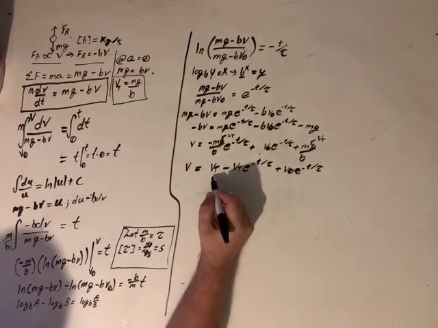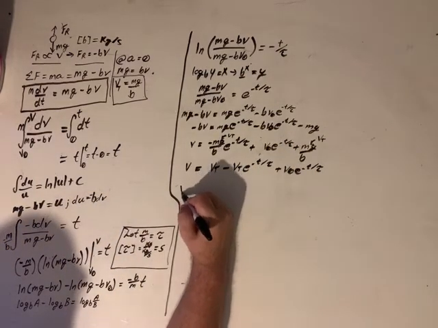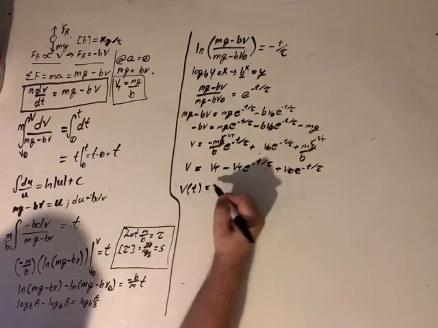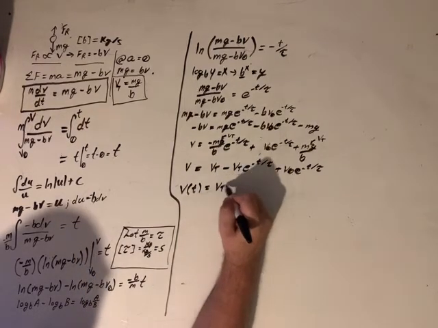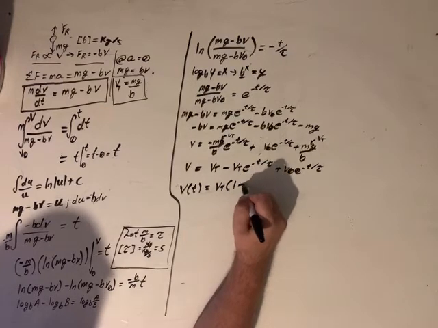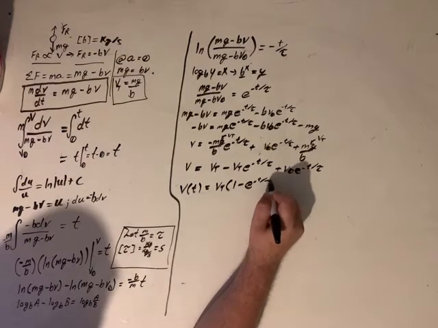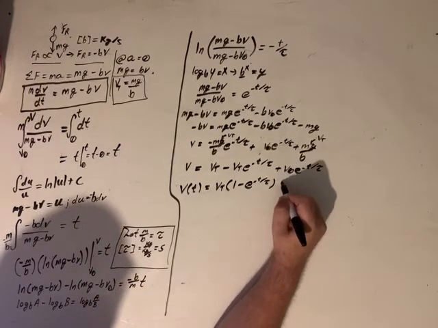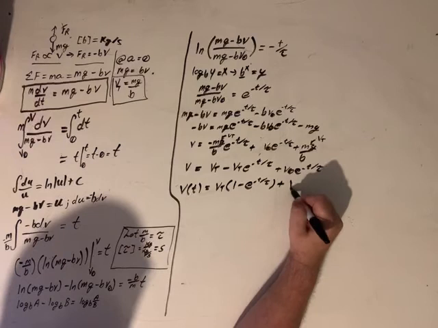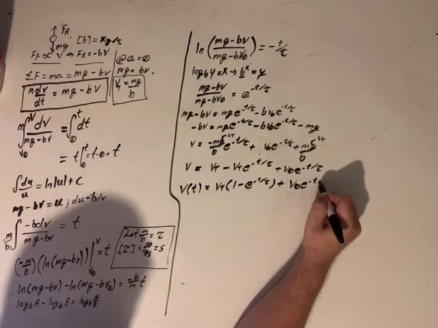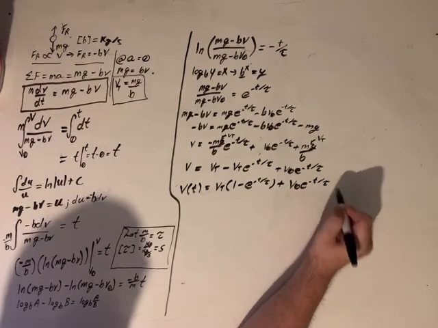And I can factor out v sub t, the terminal velocity here, and I have an equation. Velocity as a function of time equals terminal velocity times 1 minus e to the negative t over tau plus v sub 0, the initial velocity, e to the negative t over tau.